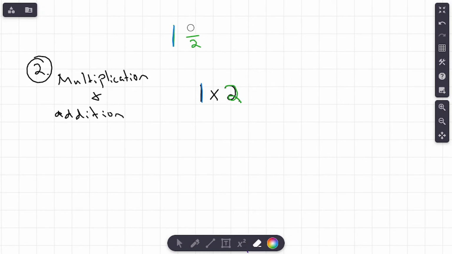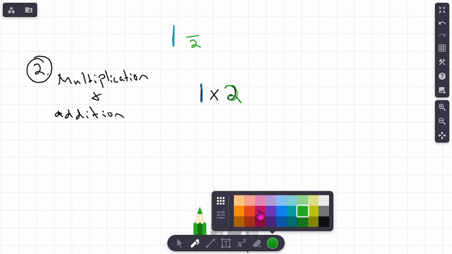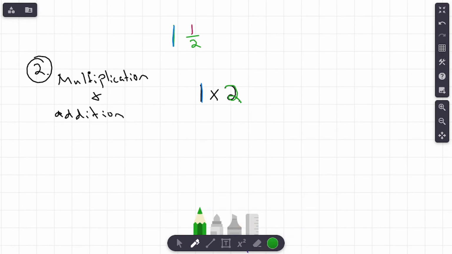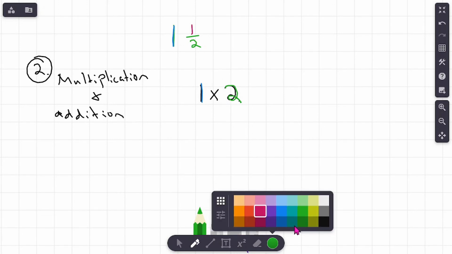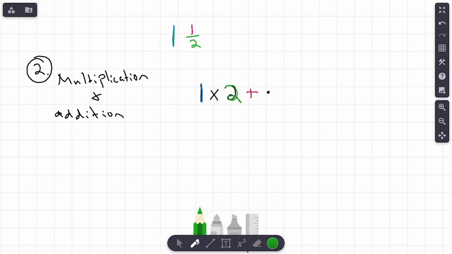And what do you think we need to do with this numerator? Remember, we're doing multiplication and addition. So we're doing the whole number, 1, times the denominator, times 2, and then we're going to add the numerator, 1. So we're going to do 1 times 2 plus 1, and we are going to write that over, because it's a fraction, right?